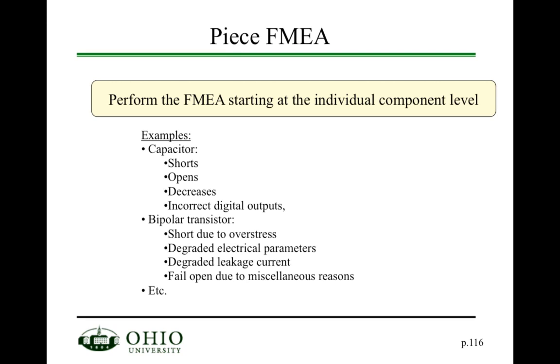Piece FMEA, you're going to really look at the component level. So I'm going to say, if a capacitor shorts or opens, or it decreases in terms of value, if a bipolar transistor gets overstressed, or there's degraded leakage currents. So you're going to look at if these piece components are really failing, what's going on.